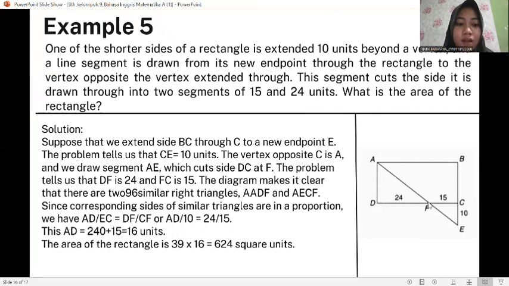The problem tells us that DF is 24 and FC is 15.